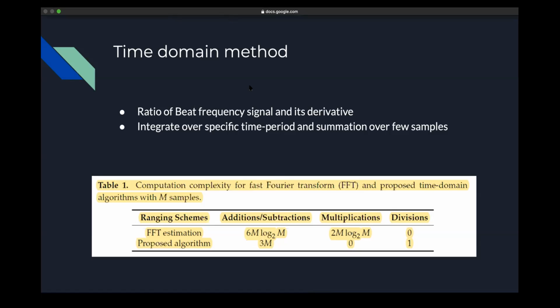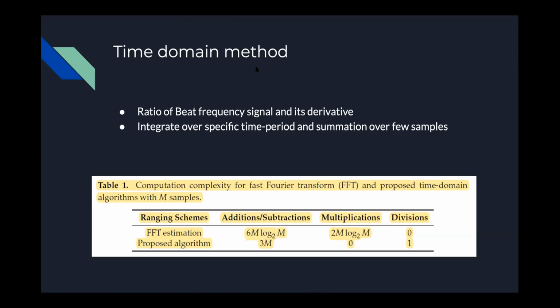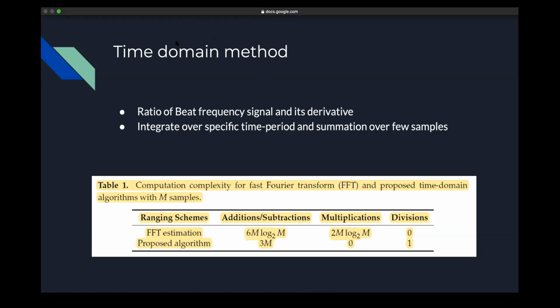Because in FFT, if two targets are very close to each other, obviously we have to take more number of points, N. Only then can we resolve the targets if they are very close to each other.